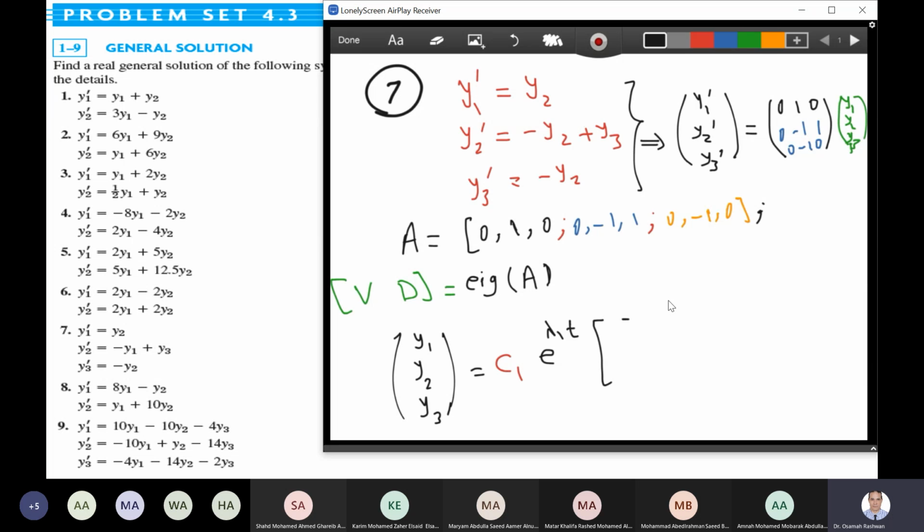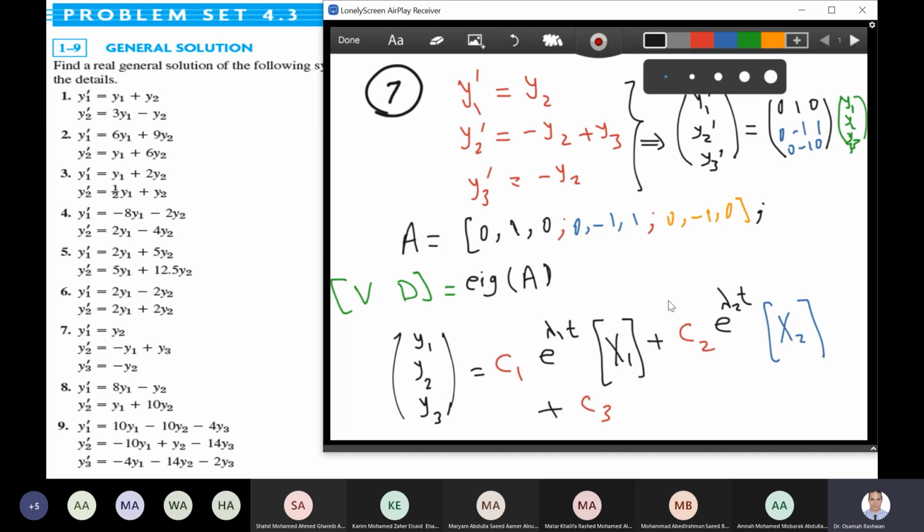And I have my first eigenvector plus a second constant, c2, exponential function of the second eigenvalue, and then the second eigenvector, and the last plus the third constant, and I have the exponential function of the third, and finally I multiply by the last eigenvector.